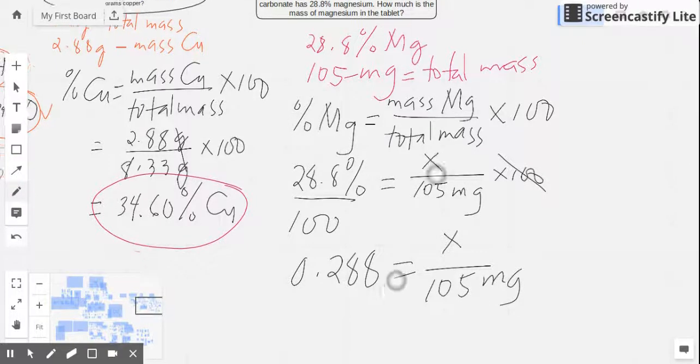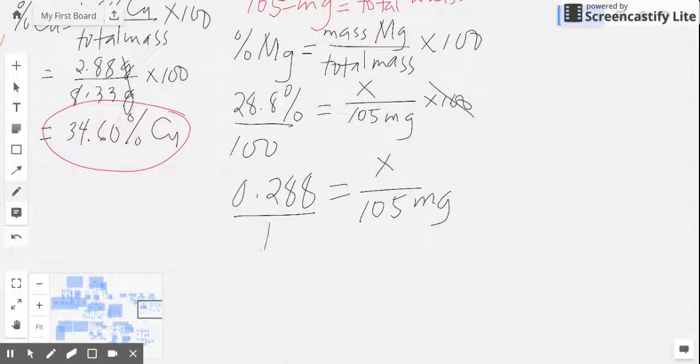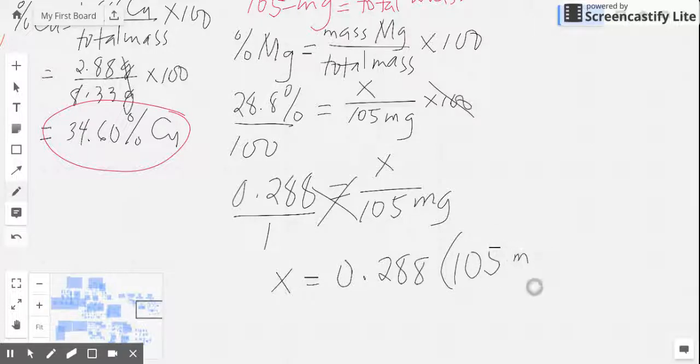So to get X, the approach here is we just cross multiply this. So that's going to be divided by 1. We cross multiply that. So X times 1 is X. And then the answer on the right side is 0.288 times 105 milligrams.